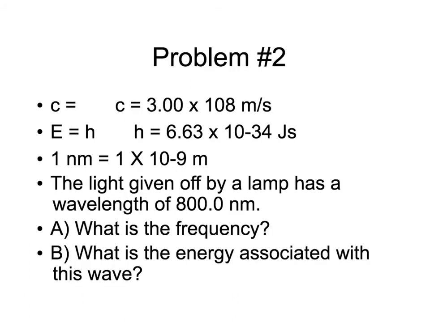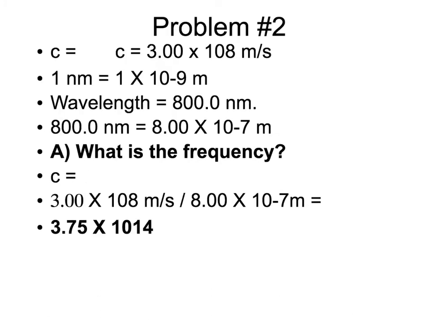Problem 2 is almost exactly the same problem, only instead of 600 nanometers, we're going to have 800 nanometers. So we're first going to get the frequency, and the second thing we're going to get is the energy. Again, we're going to convert the wavelength into meters.